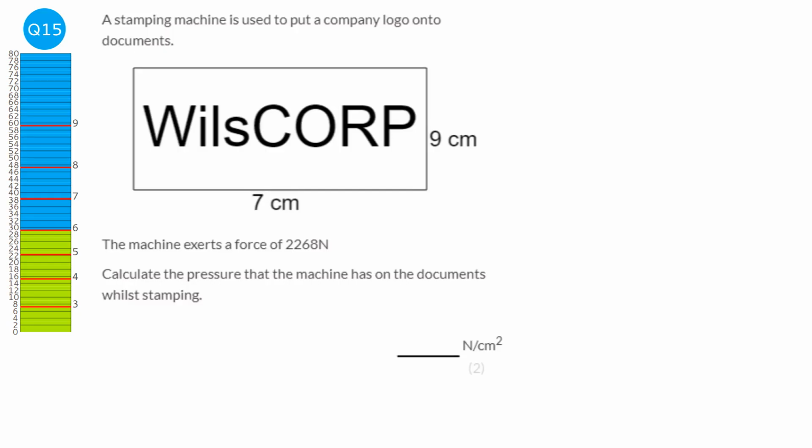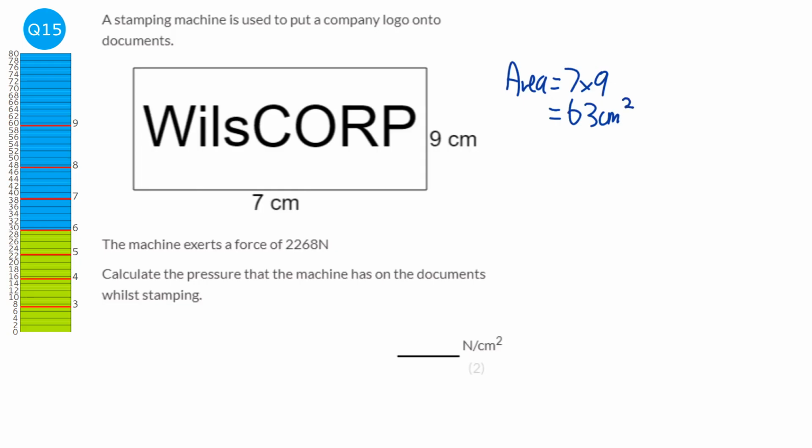To find the pressure, we need the area and the force. And we're given the force in the question, and so all we need to do is find out what the area is, which will be the 7 times the 9, which will be 63 centimetres squared.